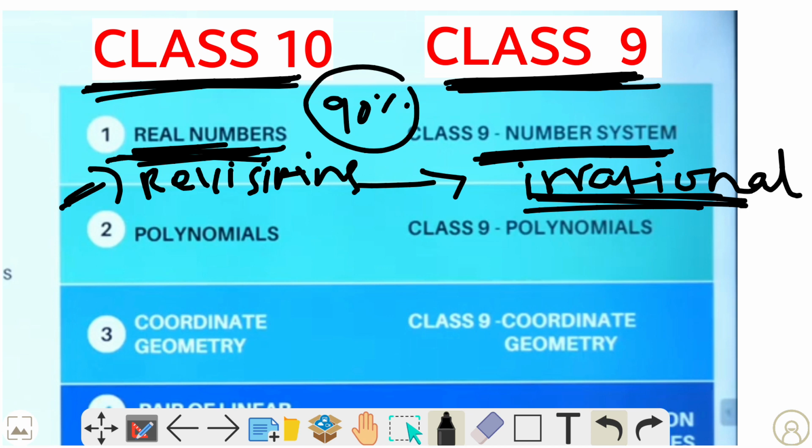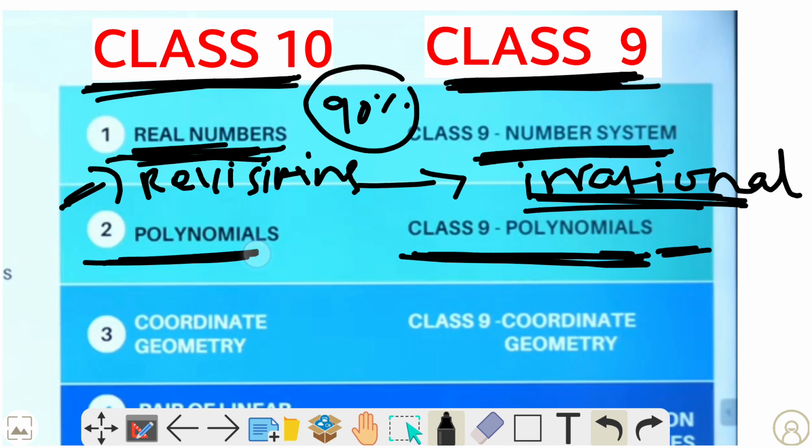Next chapter, next concept, that is polynomials. In class 9 you have polynomials, and in class 10 also you have polynomials, the same name. In class 9 you have studied polynomials in one variable, zeros of a polynomial, factorization and algebraic identities. In class 10 you have zeros of a polynomial and the relationship between coefficients and zeros of a polynomial.